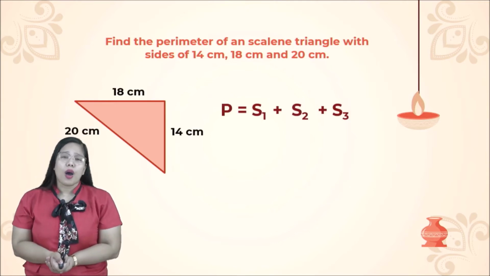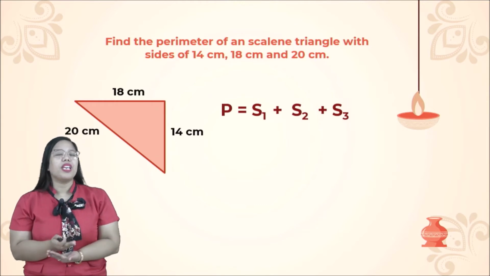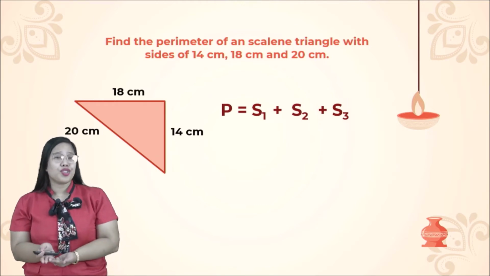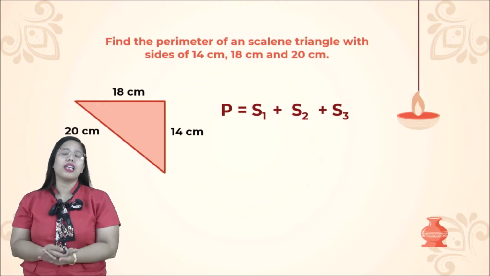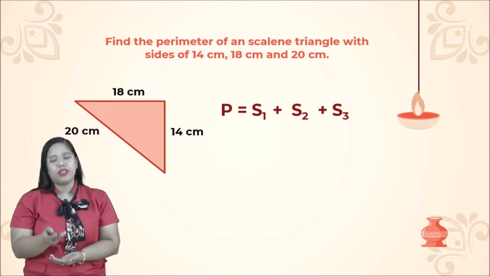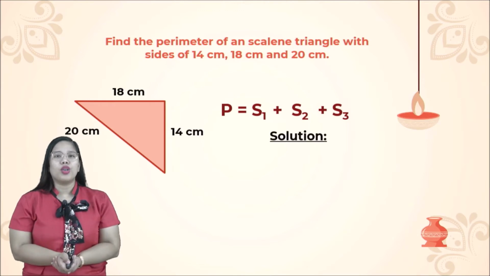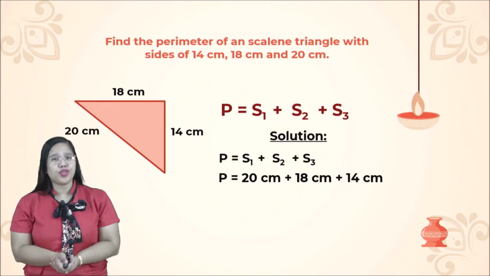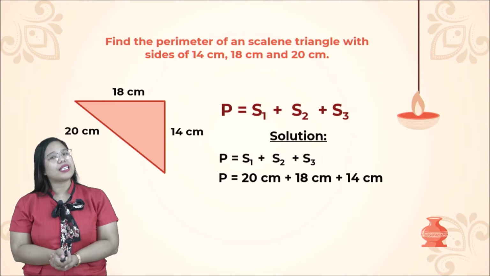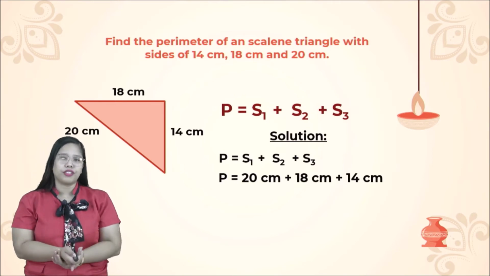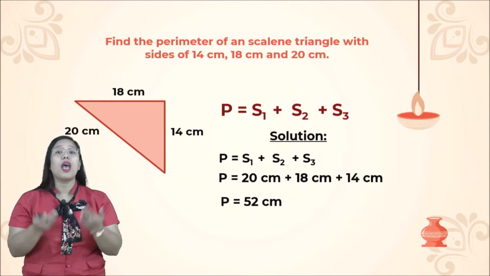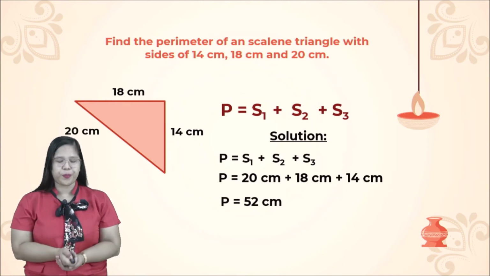So our formula is P equals S1 plus S2 plus S3, because a scalene triangle doesn't have the same sides. Let's substitute 20 centimeter plus 18 centimeter plus 14 centimeter. We will just add all of them, and then our answer is 52 centimeter.